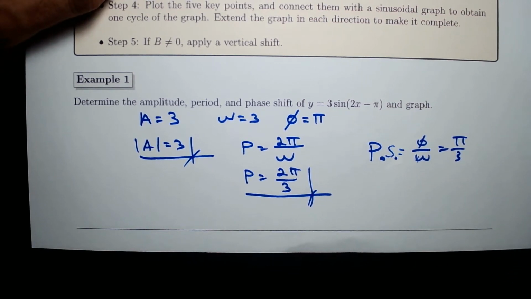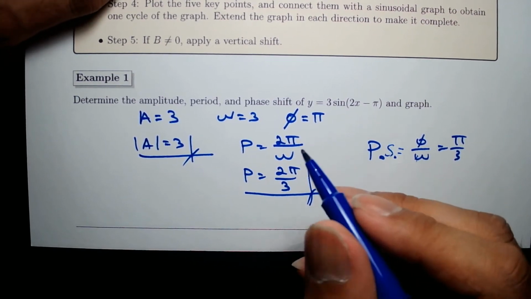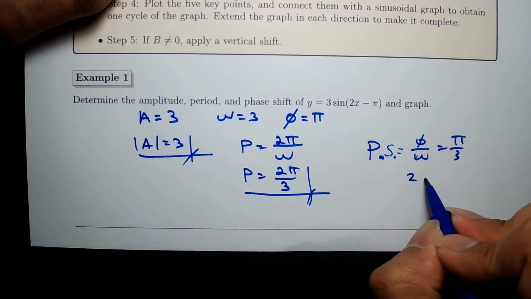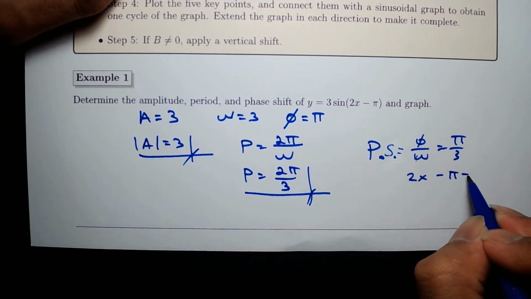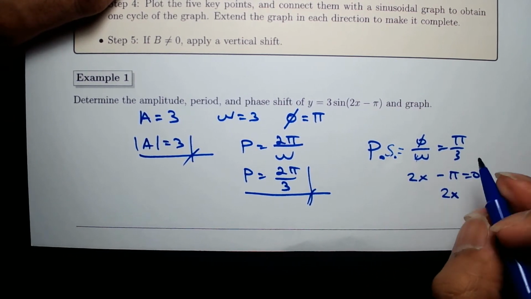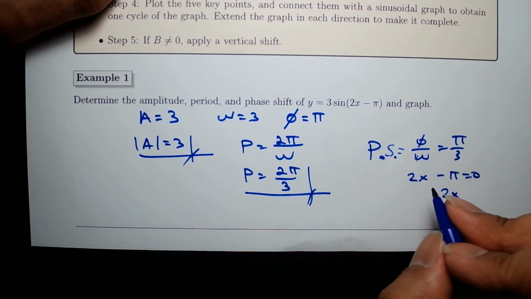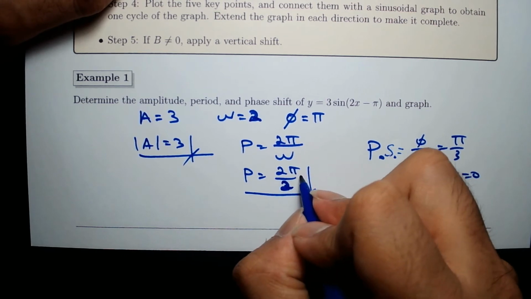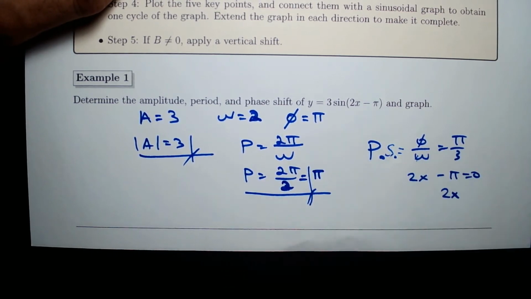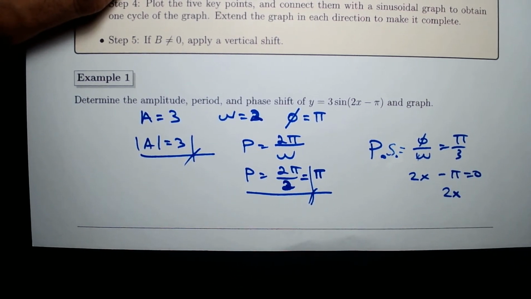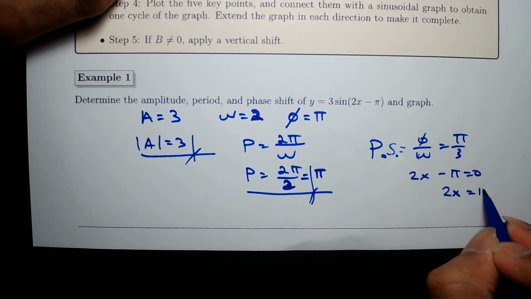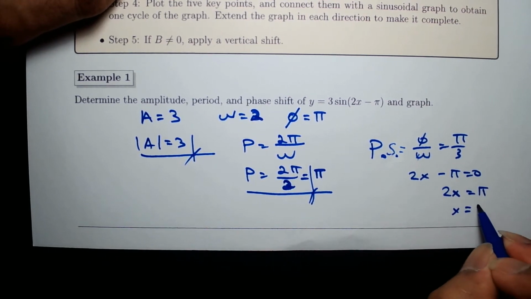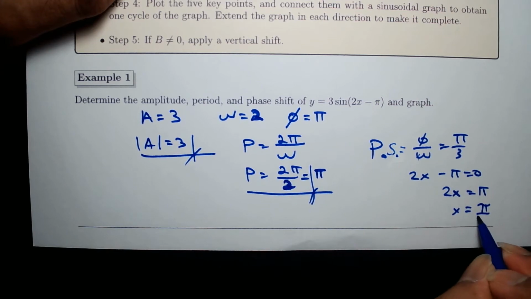Or if you get confused with the sign, all you want to do is solve 2x minus pi, set it equal to 0, and solve for x. Actually, this was supposed to be a 2, omega is 2 and phi is pi, my bad. So 2x equals pi, x equals pi over 2.